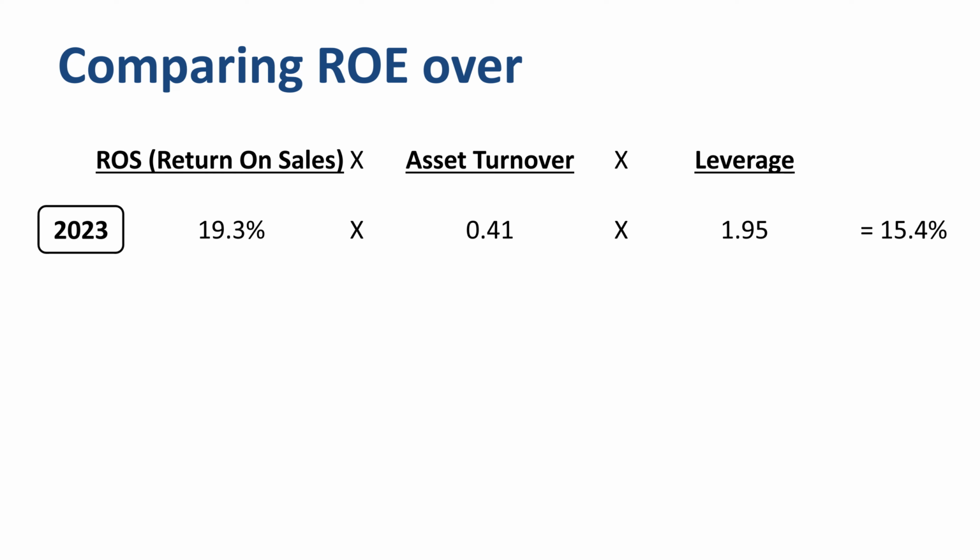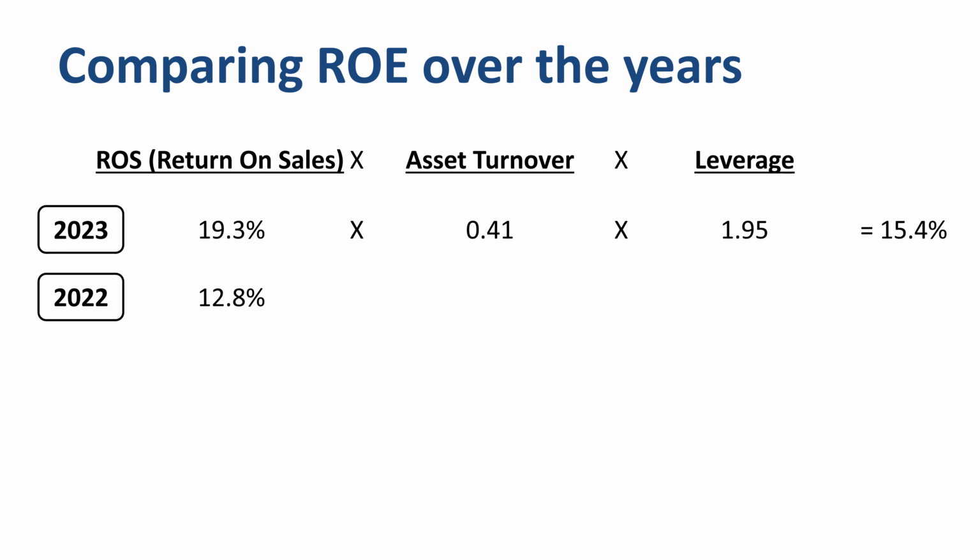We already calculated 2023, and we'll leave those numbers in place. For 2022, using the data in the income statement and the balance sheet of that year, we get an ROS of 12.8%, an asset turnover of 0.41, and leverage of 1.86.